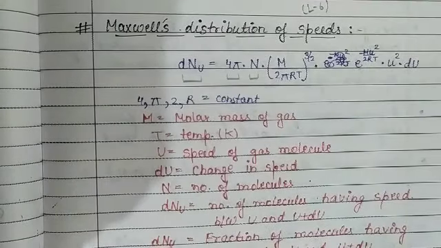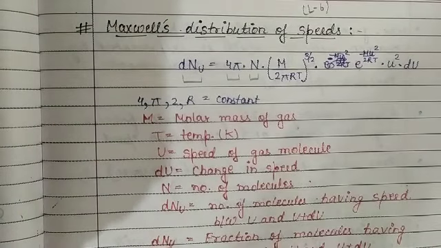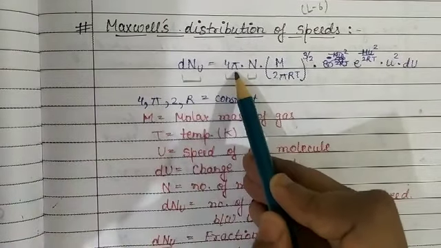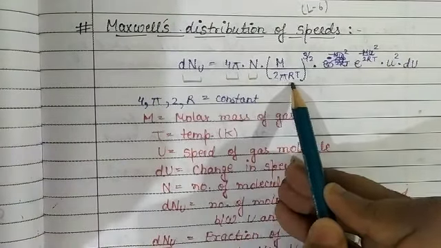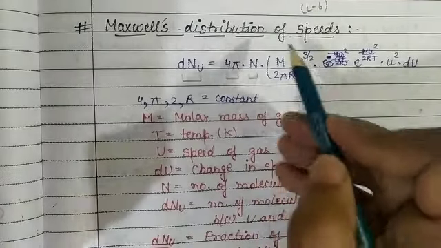The only terms we use in this equation are 4π, 2, and R, which are constants.